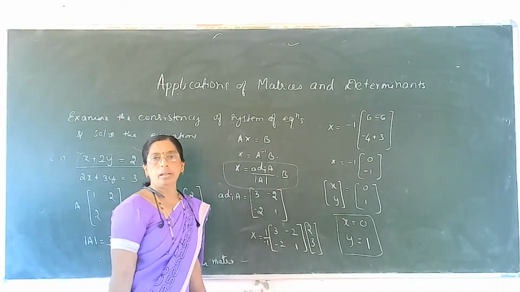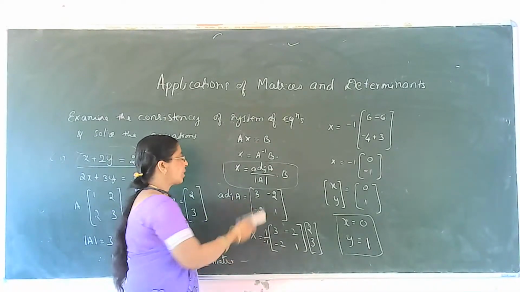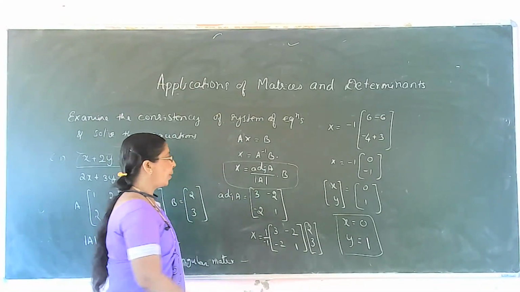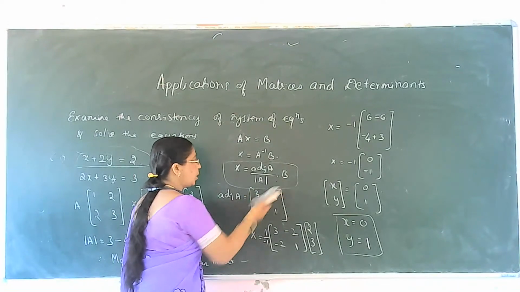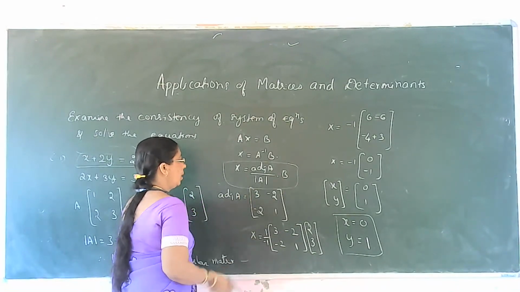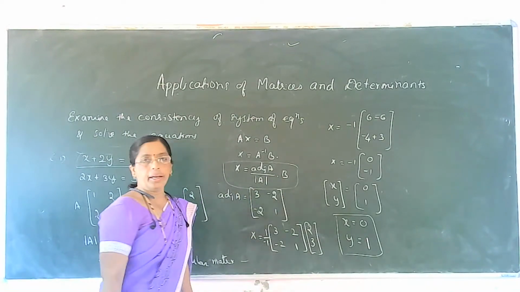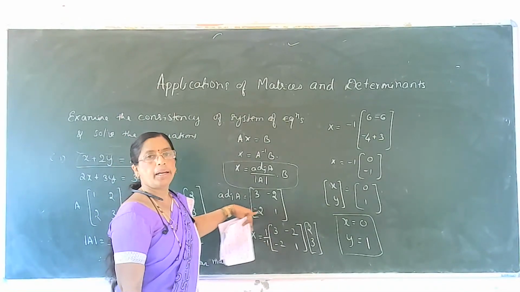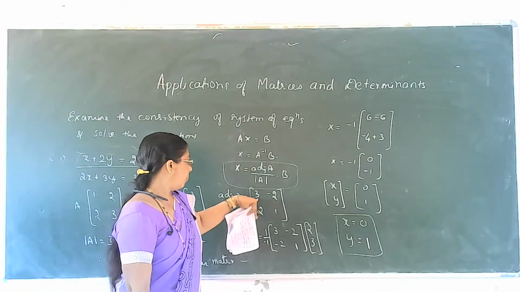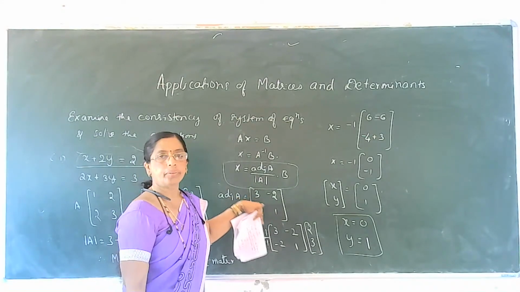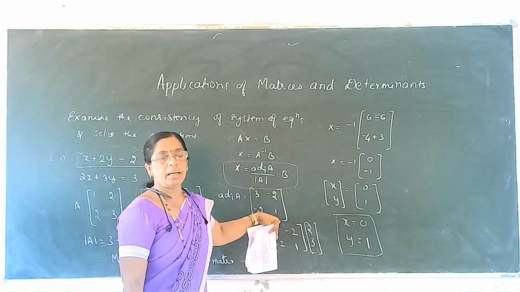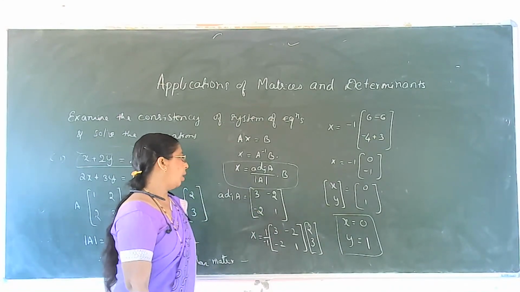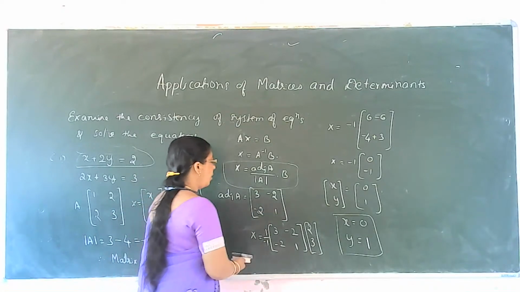A inverse, we already studied in the previous class, is adjoint of A divided by determinant of A. Then we multiply this into B, we get X. Adjoint of A for a 2 by 2 matrix is found by interchanging the principal diagonal elements and changing the sign of the other two elements.